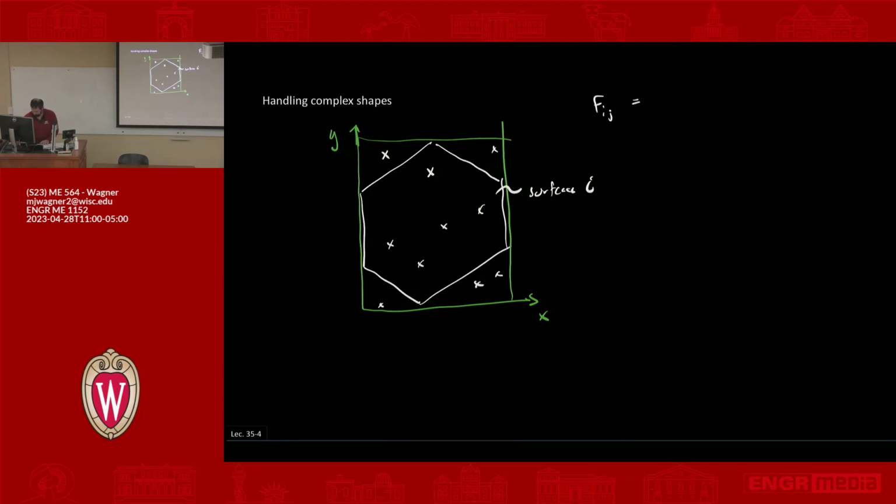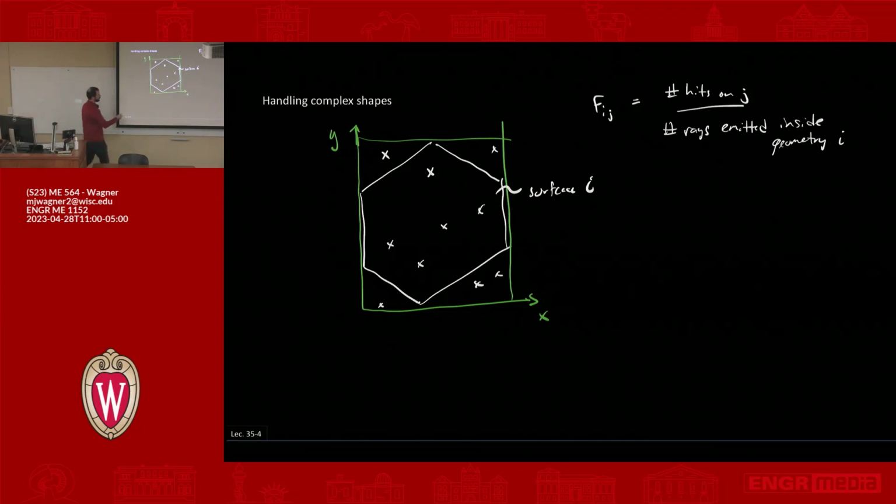F from i to j is just going to be the number of hits on j divided by the number of rays emitted inside the geometry of i.